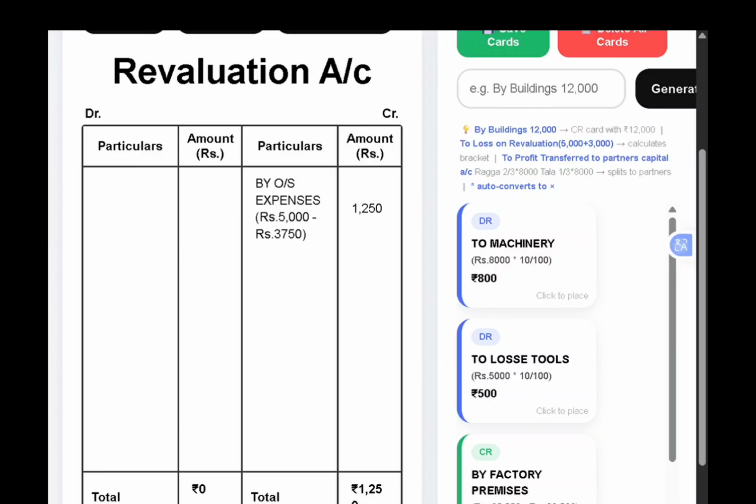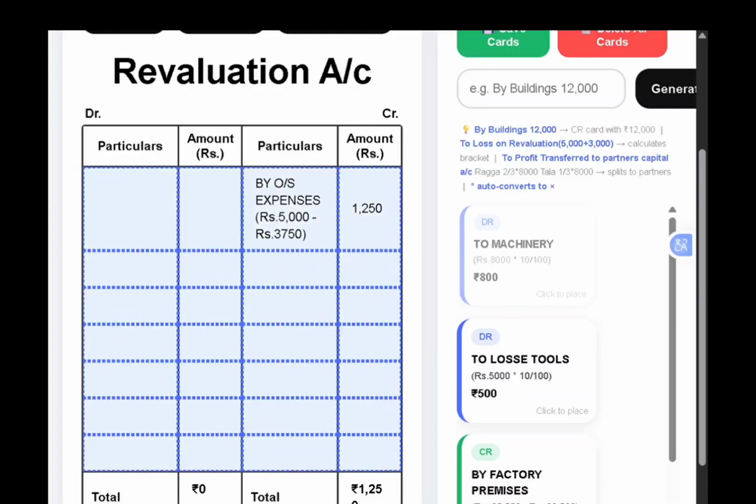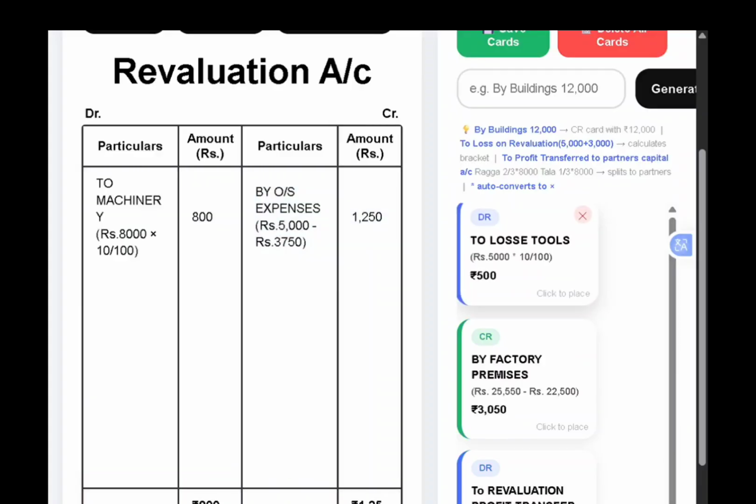Now the next adjustment we have is the machinery, which is to be depreciated. We have to value the machinery at 10% less than the book value. This is the depreciation in the machinery, which will appear on the debit side of the revaluation account as to machinery, that is rupees 8,000 into 10 by 100, which will be 800 on the debit side.